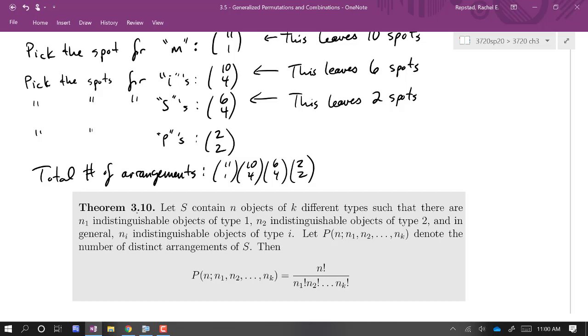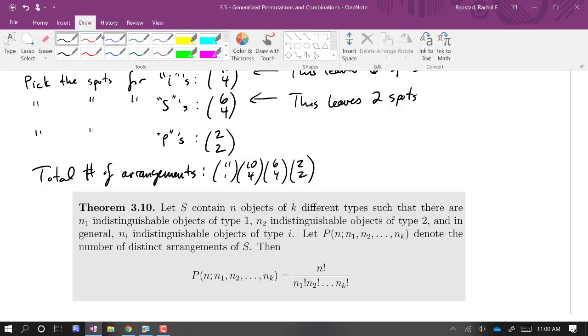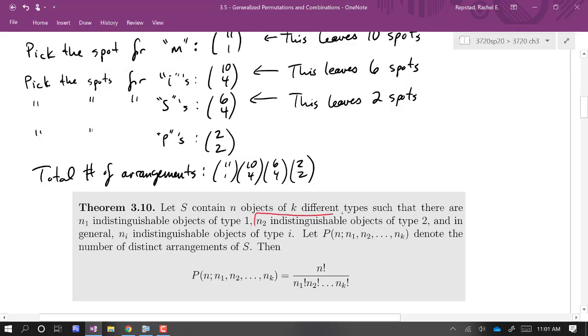And suppose I have n1 indistinguishable objects of type 1, n2 indistinguishable objects of type 2. So for example, I have 4 I's, right? That's what they're getting at here, and 4 S's. Then the number of ways that we can arrange them is given by this formula with all these factorials in it.